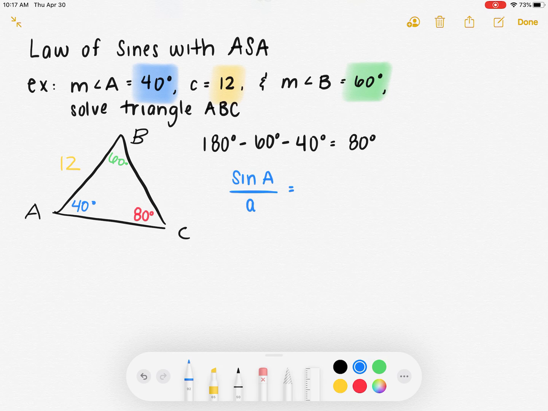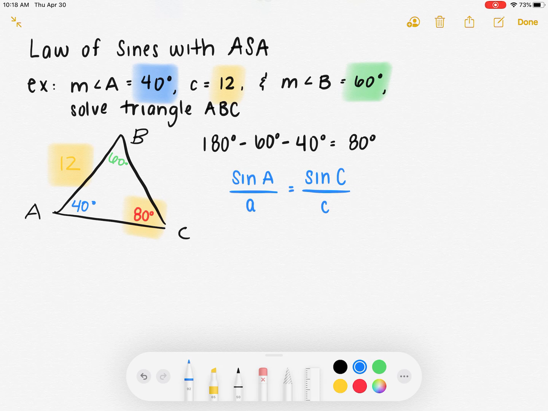I know I don't have A, and I don't have side B, but I notice right away that I have angle C and side C. So the rest of my formula is sine of C over C, because I can fill in information there.